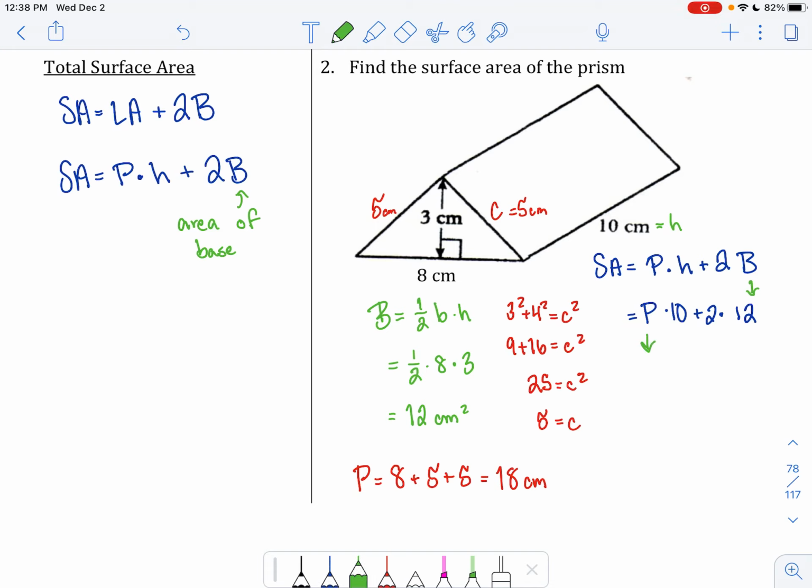Plugging that in as our final step here, we end up with 18 times 10 plus 2 times 12. No need to worry about terms of pi here since there's no circles. 180 plus 24 equals 204. The unit is centimeters, and since it's area, they are squared.